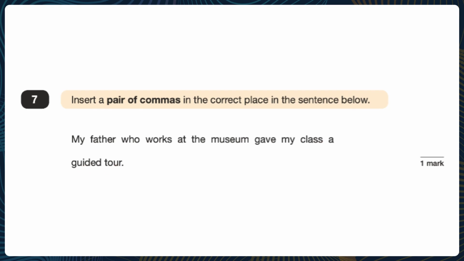So again, it should be really obvious that we've got additional information about my father: who works at the museum. So my father gave my class a guided tour could function as a sentence on its own. This is additional information about my father, so we use the two commas to show that. And again, we have a relative pronoun starting this as well.